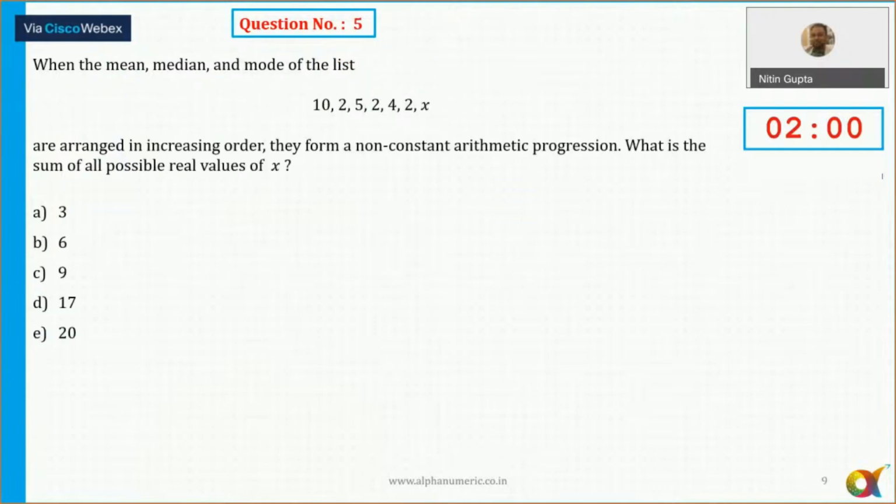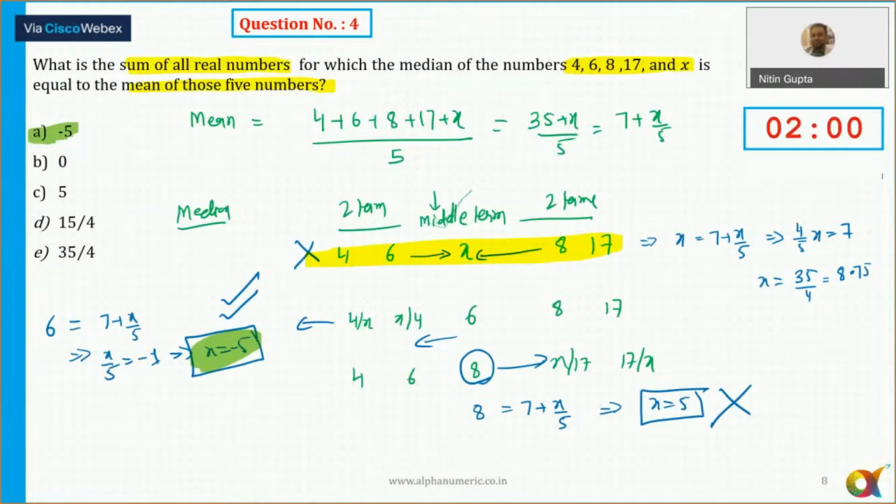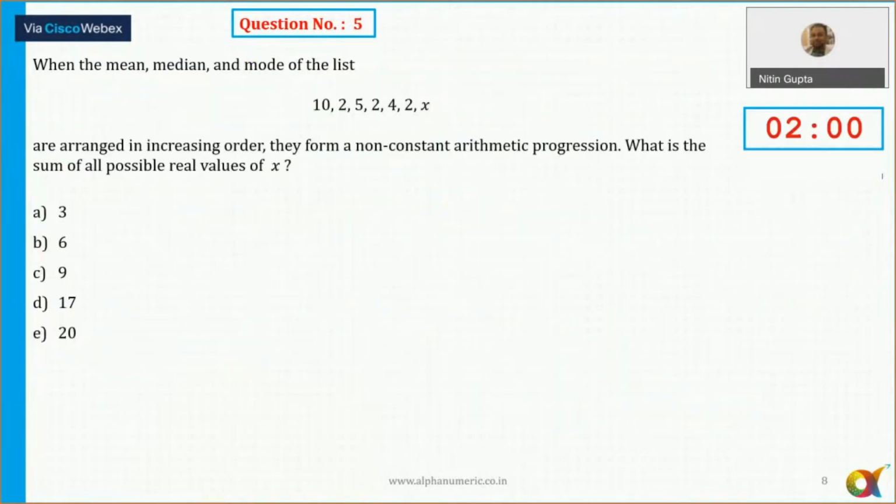Okay. So should we move to the question number 5 now? A picture clear? All right. Now try question number 5.